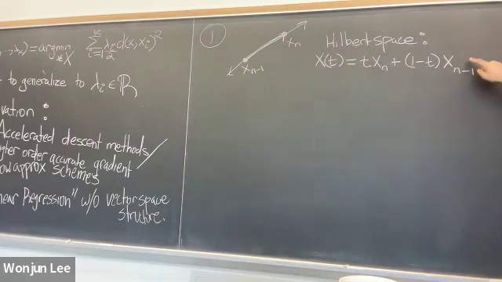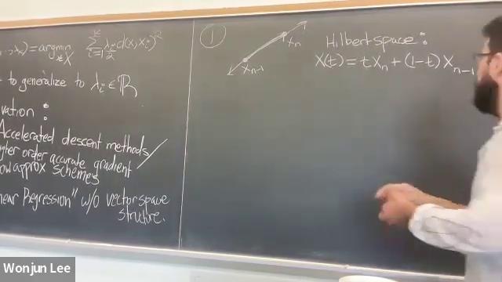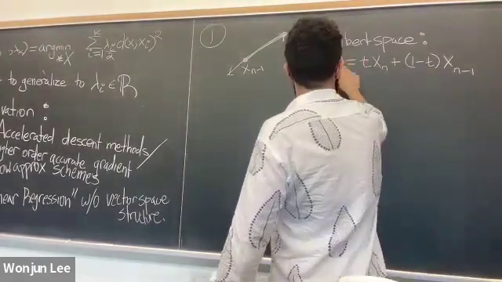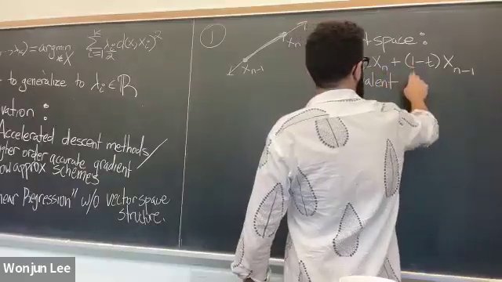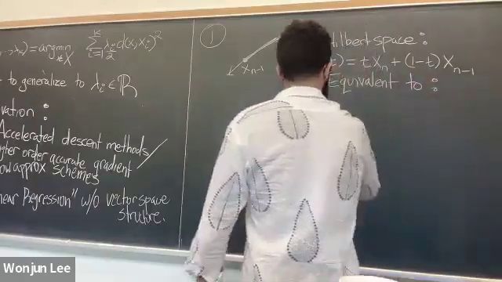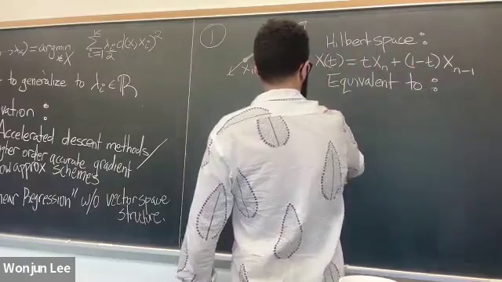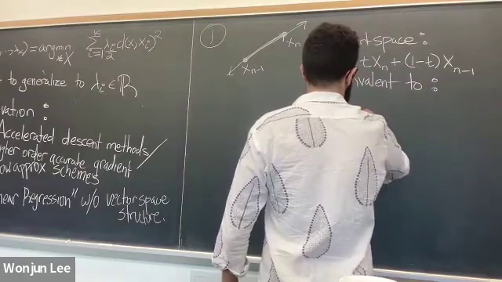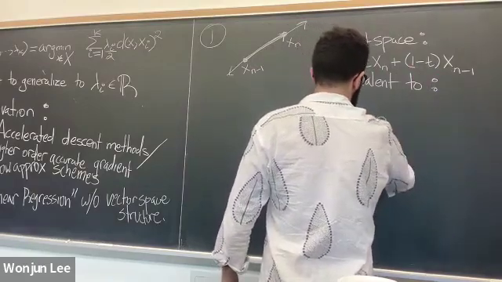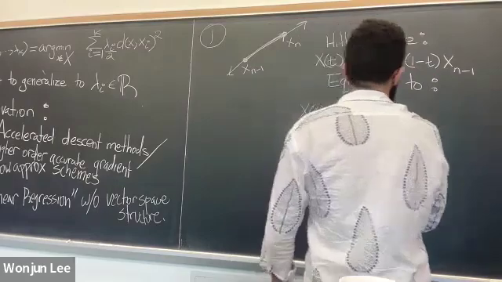But at least over a Hilbert space, doing this is equivalent to solving a Barycenter problem. So this is equivalent to defining x of t to be the argmin over this space.